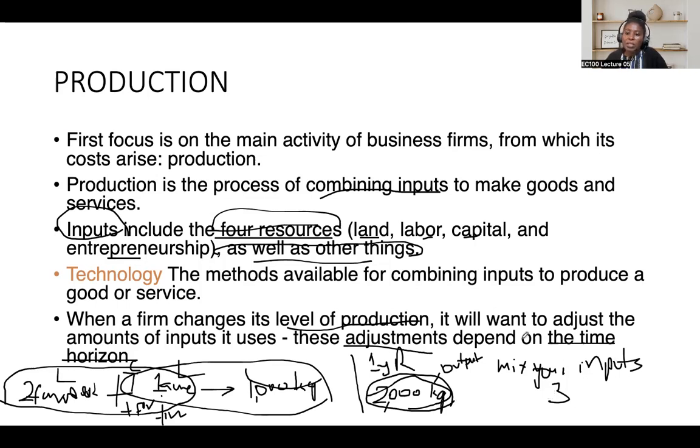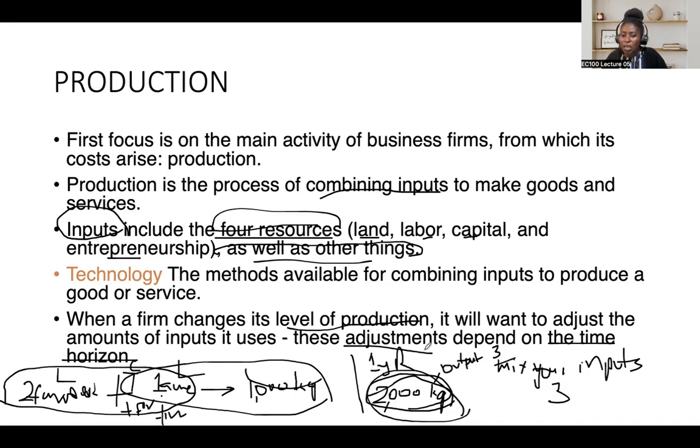So for you to make these decisions depends on the time. If you say, maybe I want to produce 2,000 kilograms in 3 years from now, or in 5 years from now, then that's a different story. You have enough time to make profit and invest back in the business. You can even buy more acres, hire more farmers and reach this target without any pressure, because you have time.